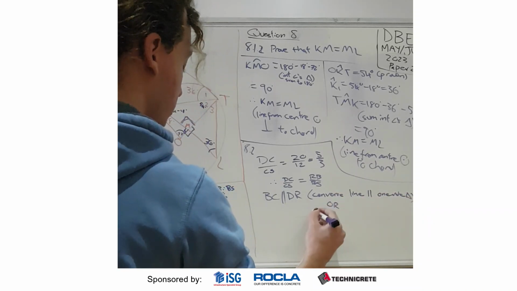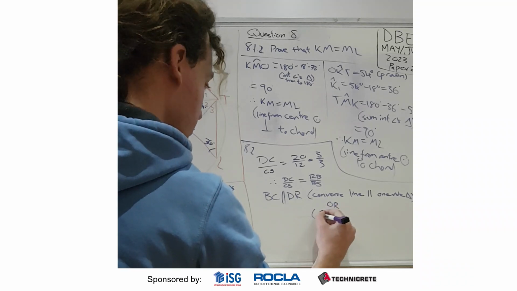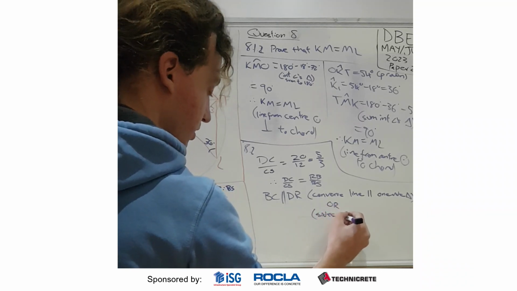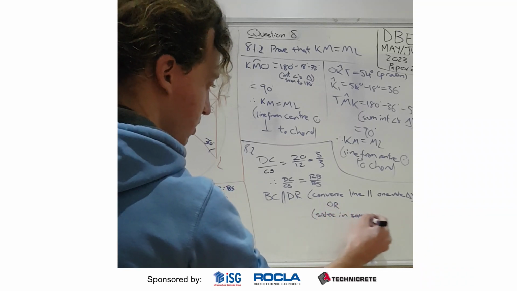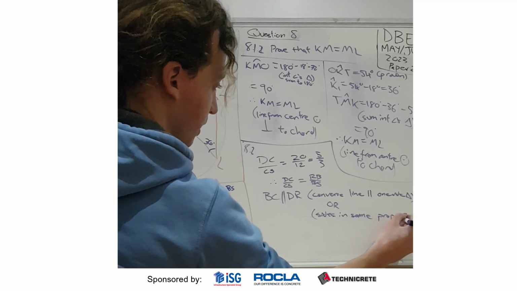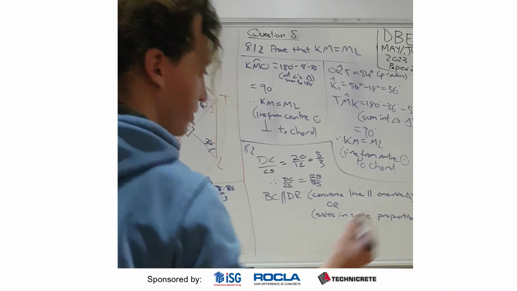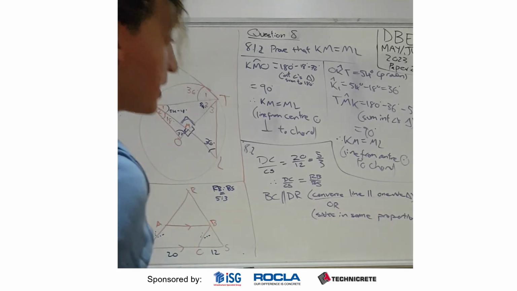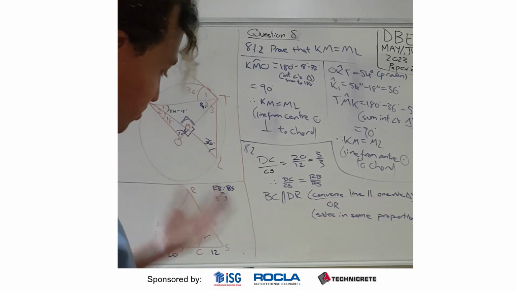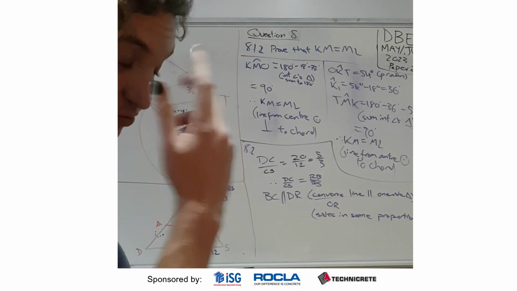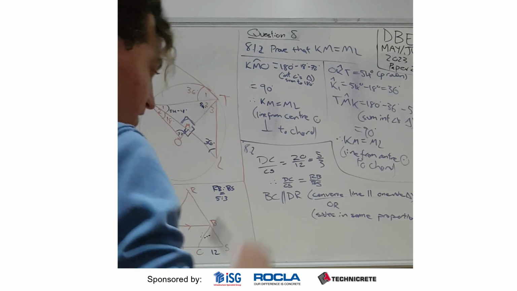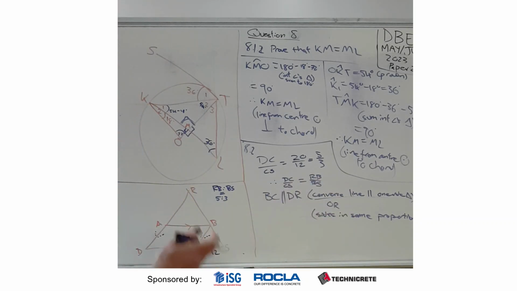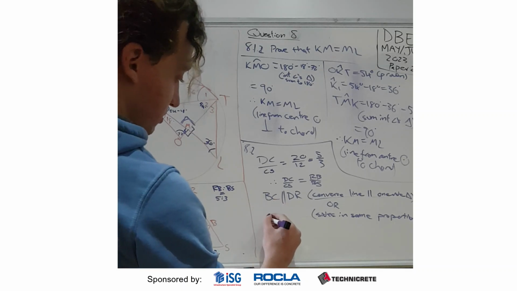Alternatively, you can list the law as sides in same proportion. I recommend against it though, because if you remember the rule converse line parallel one side triangle, you're more likely to spot it, just because of the wording there. Anyway, either way, because BC is parallel to DR, it must also be parallel to AD, right?